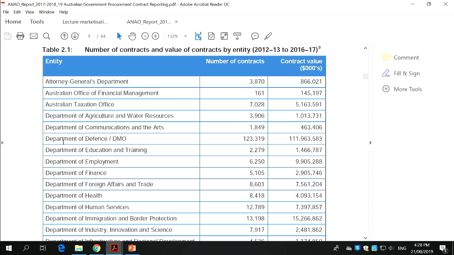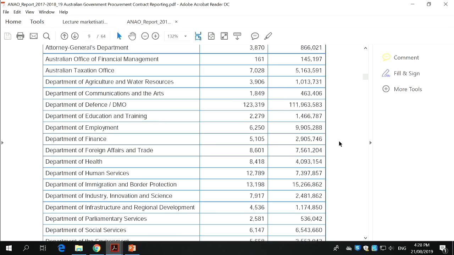This one, you can see the Department of Defence has 123,000 contracts between 2013 and 2016, so it's a lot. You can see the value is a lot, and they mainly relate to the acquisition of defence equipment, actually. And there's a lot of problems with that.